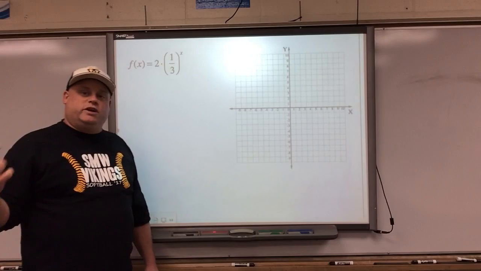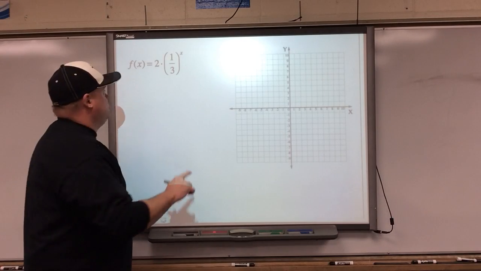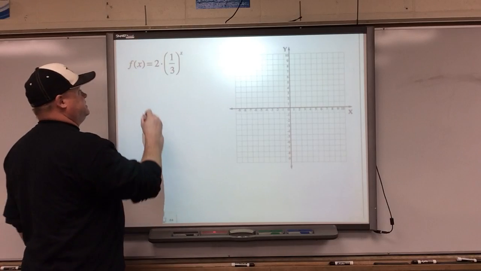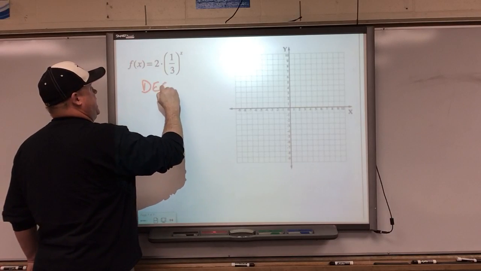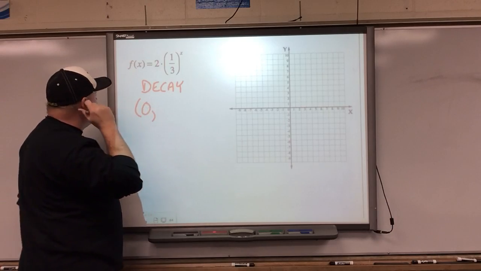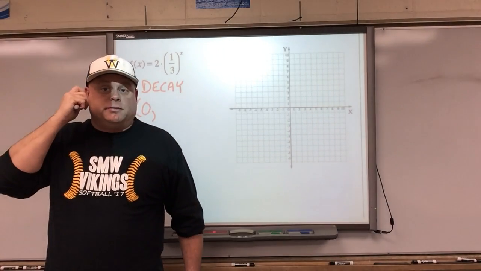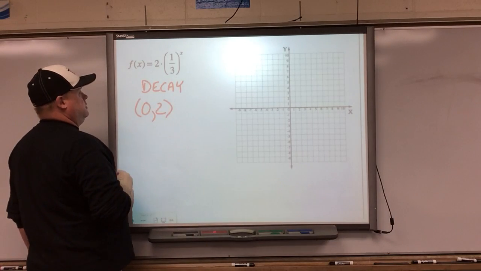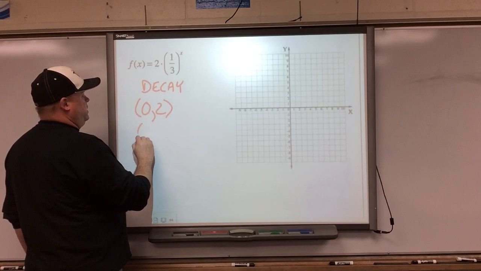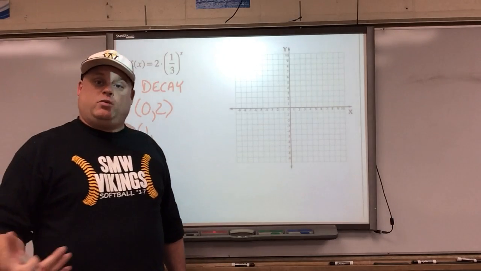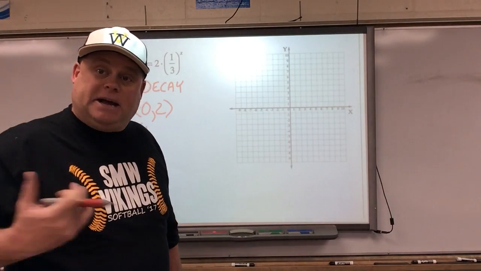Looking at this, what is my b term? My b term is 1/3. That's less than 1, greater than 0, so this is going to be a decay. When x is 0, what does y have to be? My a term, which is 2. And then when x is 1, what does my y have to be? Well, a times b.